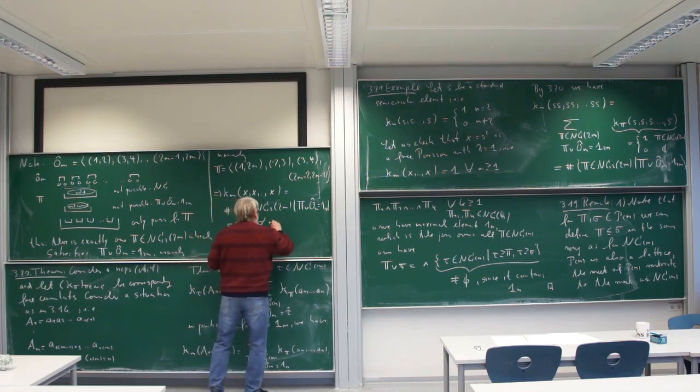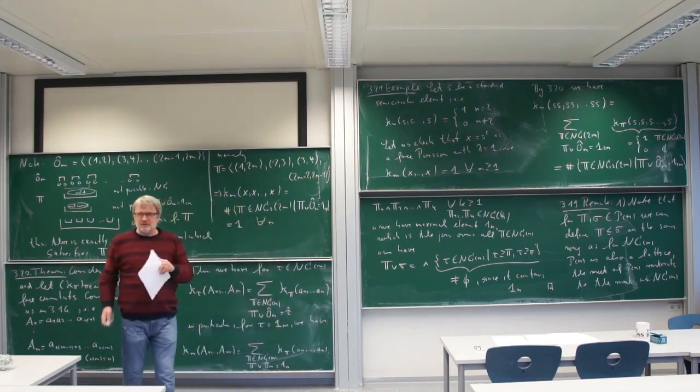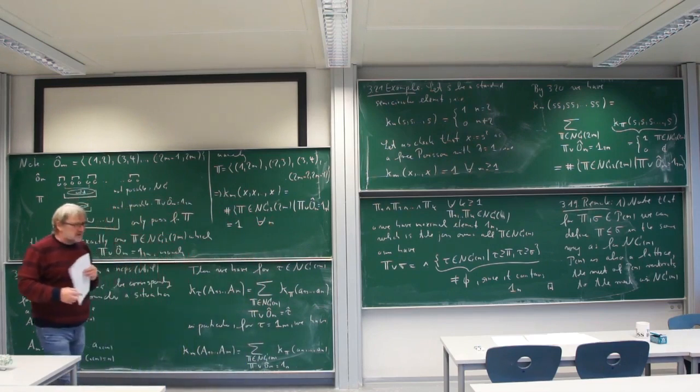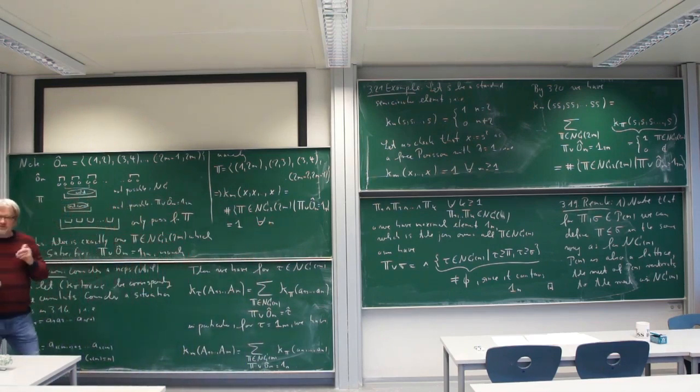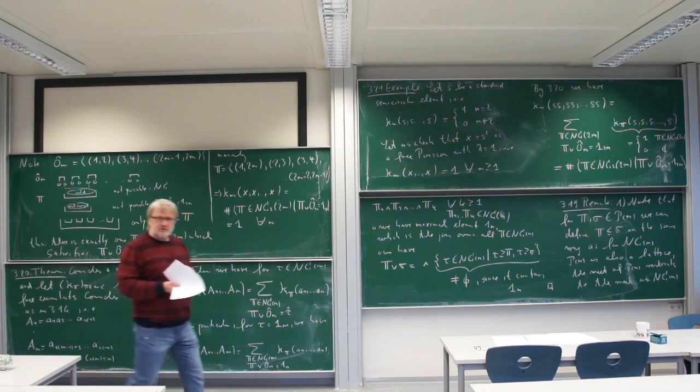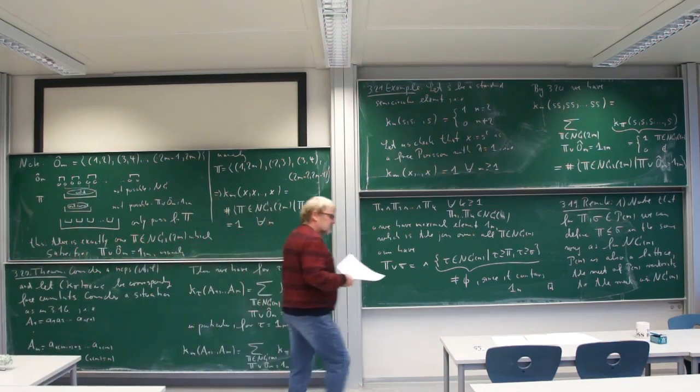And this is true for all m. And this shows that the x squared, or the s squared, as a semicircle, is actually free cross form. This you get from this formula.